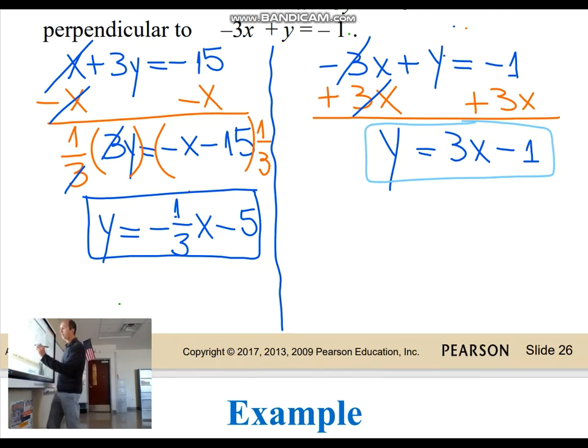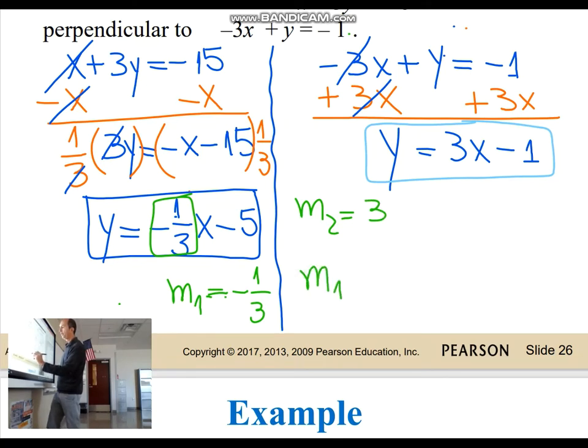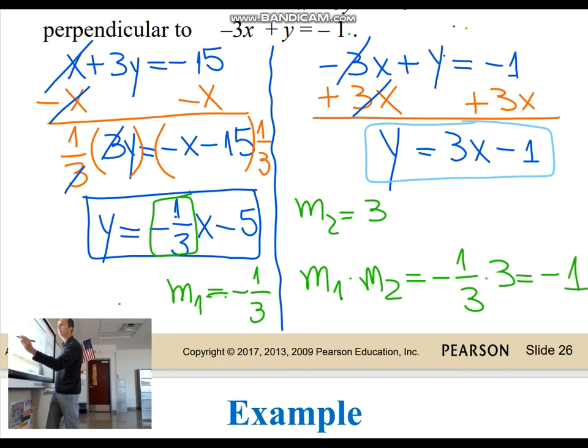Let's check if the lines are perpendicular. And then you get this slope here. Let's say m1 equals negative 1 over 3. And this slope here, let's say m2 equals 3. Multiply m1 times m2 equals negative 1 over 3 times 3, and this equals negative 1.